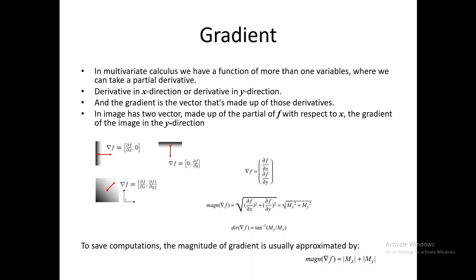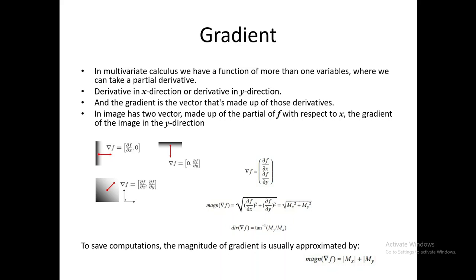In the first image we can see the partial derivative along the x direction, because the changes occur only in the x direction. There is no change in the y direction, so we get only the partial derivative along x.